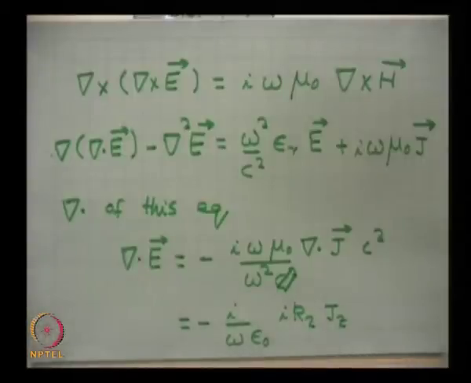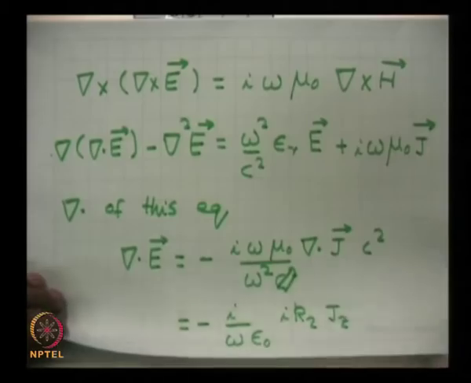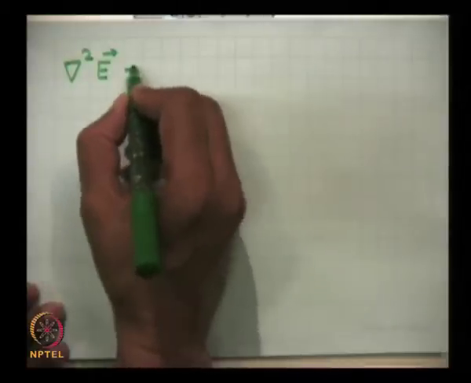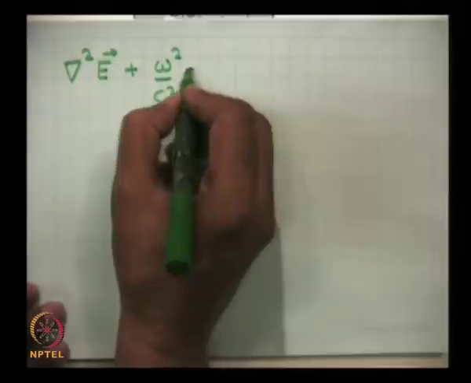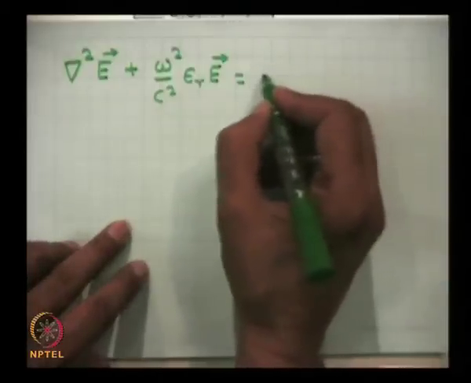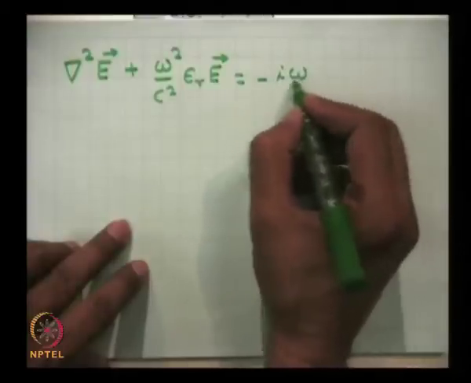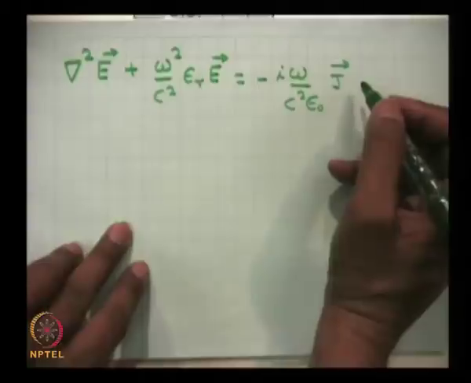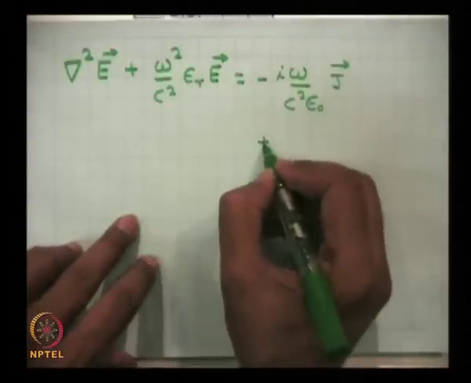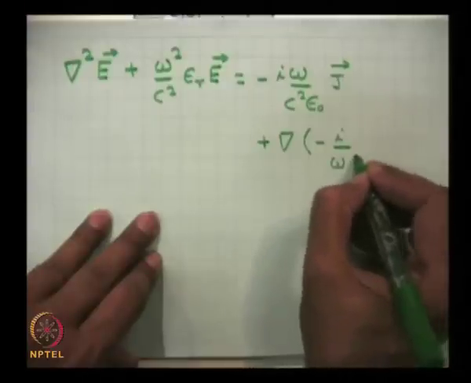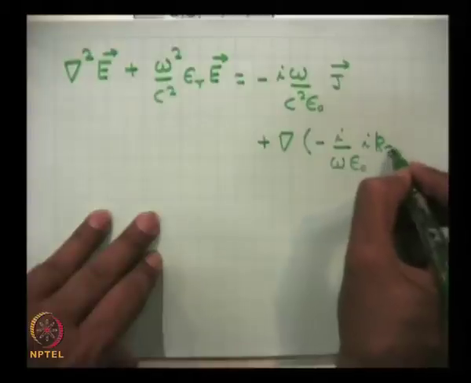Once I have obtained the value of divergence of E, my equation becomes simple, and I can write this equation as del square of E plus omega square by c square epsilon r into E is equal to minus i omega by c square epsilon 0 into J, plus the term I have brought from the left, gradient of divergence of E. Divergence of E is minus i omega epsilon 0 i kz into Jz.